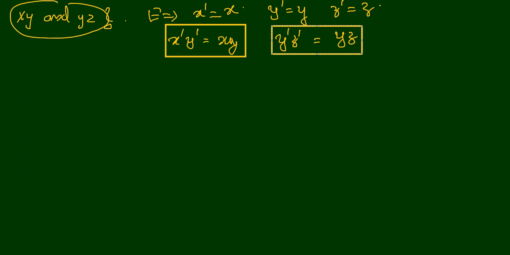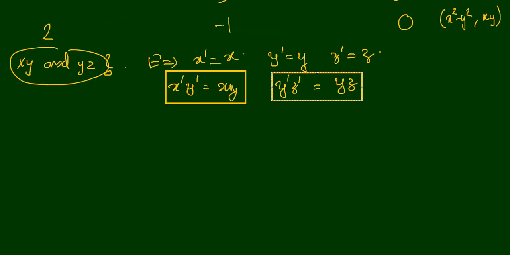Okay, and now we are going to consider what happens during the C3 operation. During the C3 operation, you already know the values for x dash and y dash.